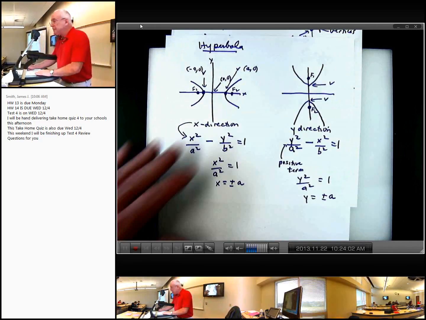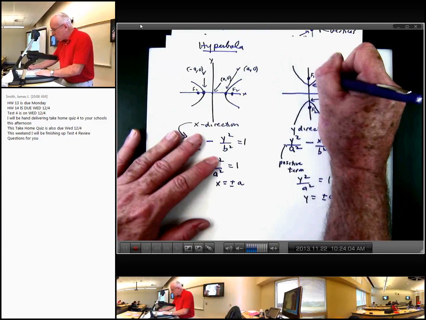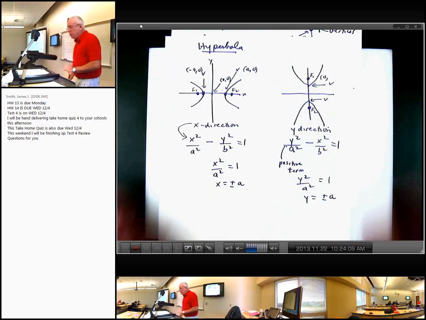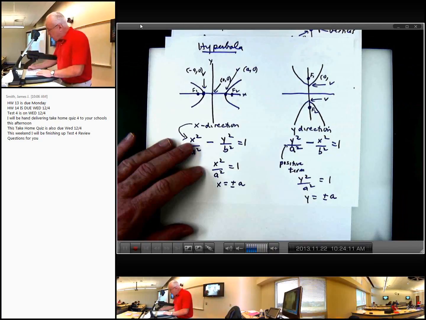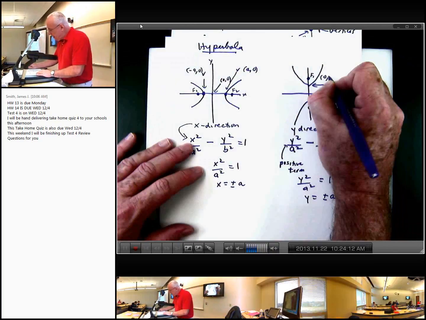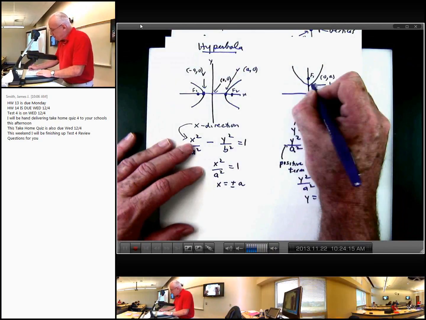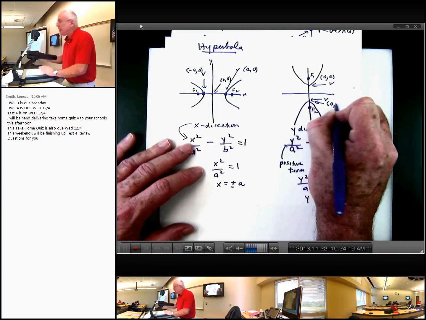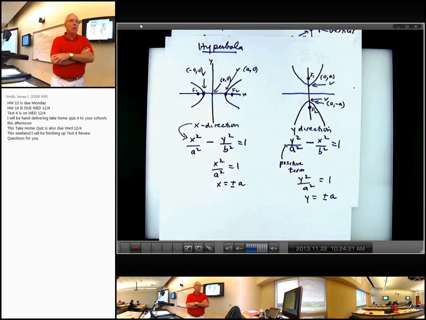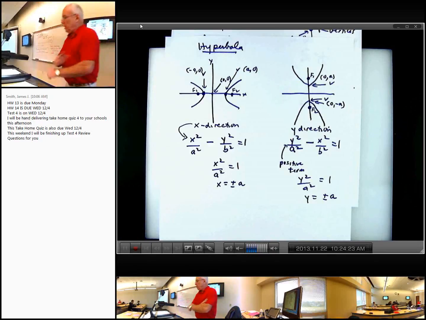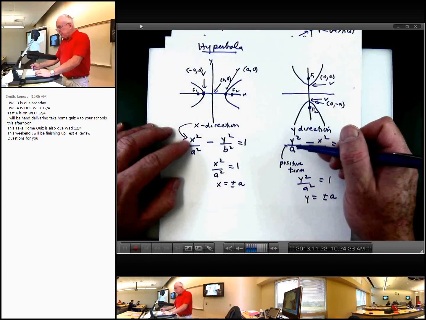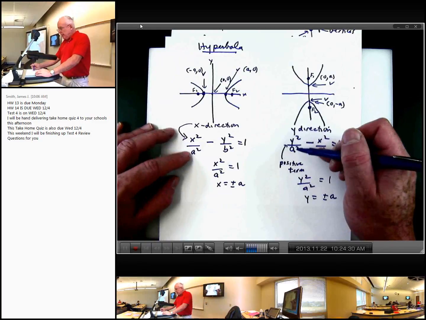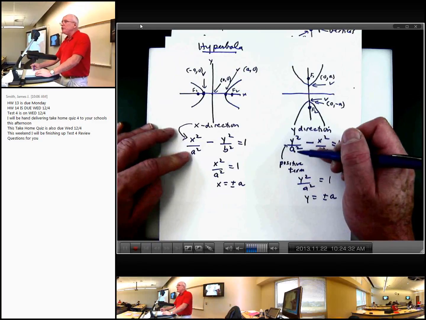But this time it's on the y-axis, so our x coordinate is going to be 0, and our y coordinate will be a for that vertex, and then here it would be 0 for x and negative a for y. So the leading positive term first of all tells you the orientation, and then the square down here gives you the vertices.